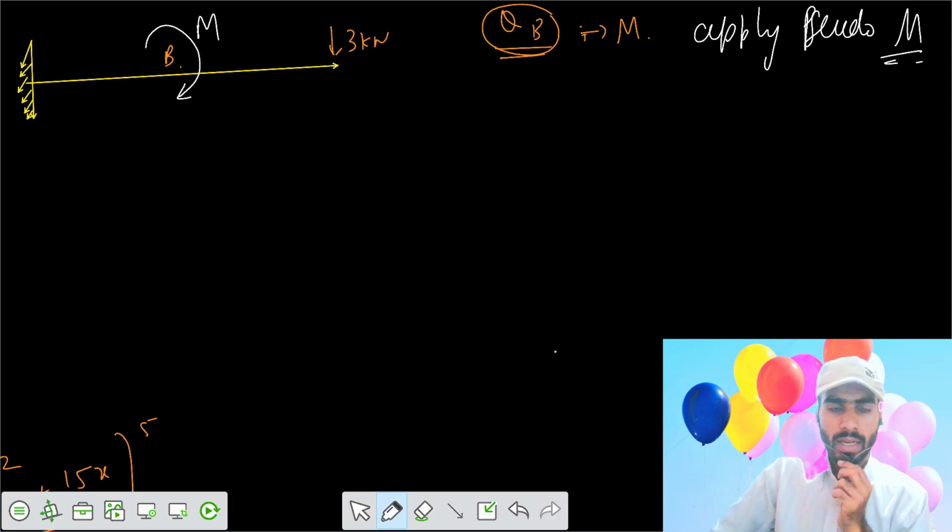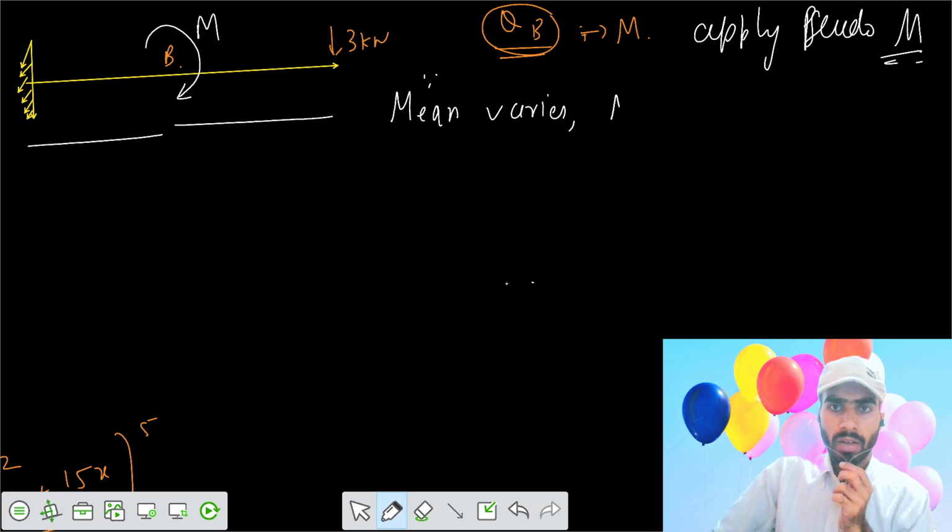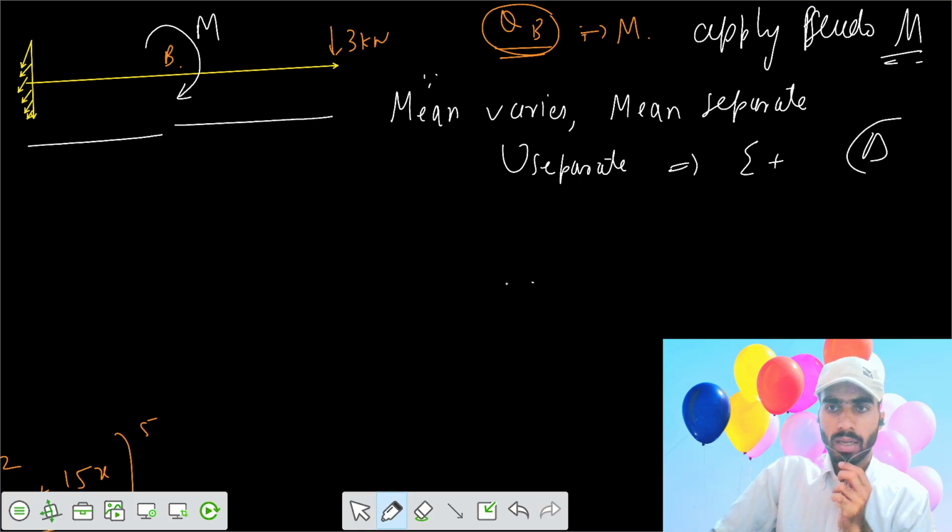Now since your moment equation varies in this segment, and in this segment your moment equation varies, you write separate moment equations and you calculate separate strain energy. Then you finally add them, then you differentiate the final values, and you get the value of delta.